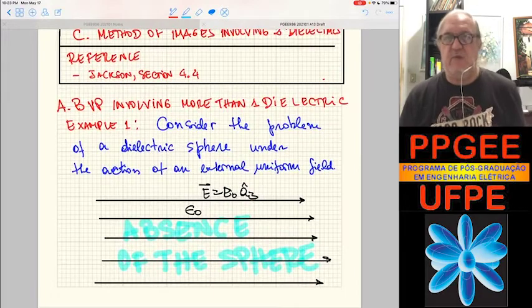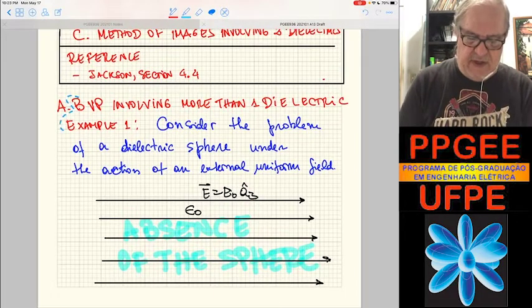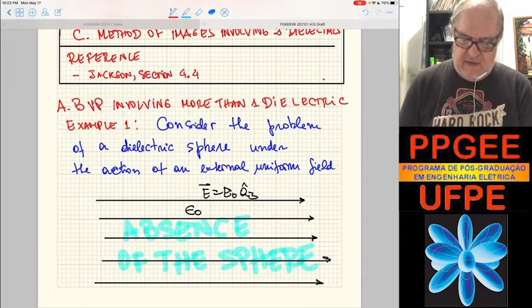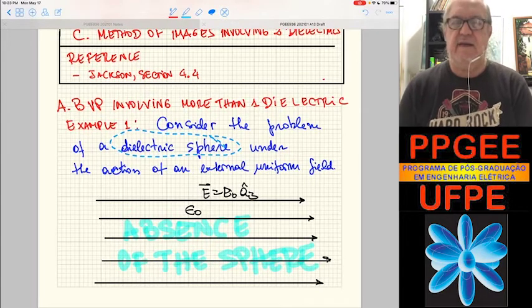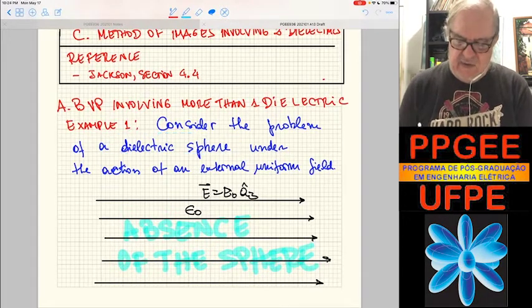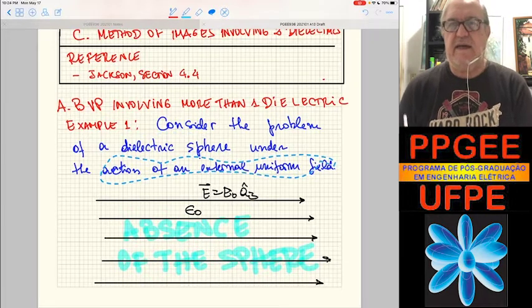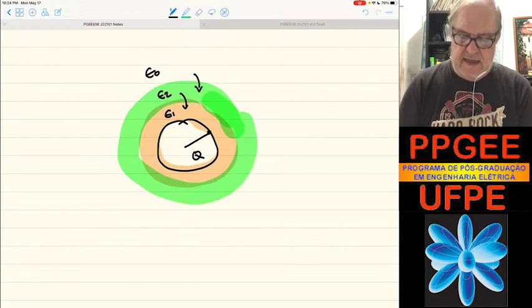The first problem we would like to talk about is the boundary value problem in which we have one dielectric sphere which is placed in a region in which you have an originally uniform E field.